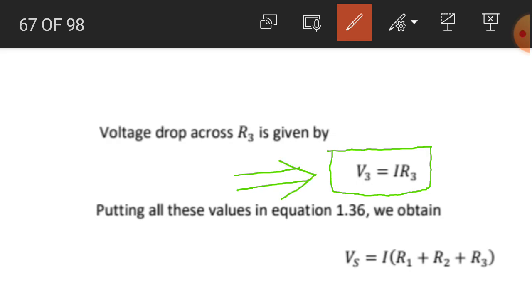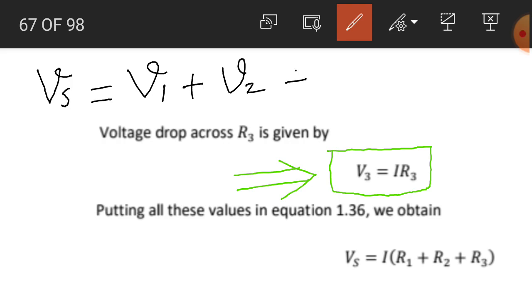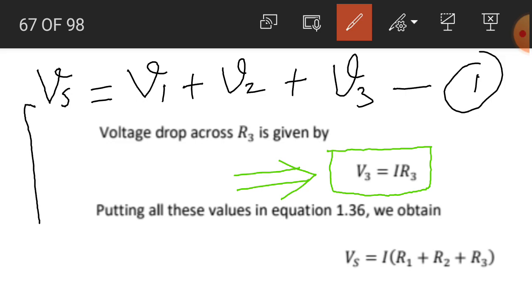So we put the values of V1, V2 and V3 in equation number 1. What is equation number 1? Let me write down equation number 1 over here. Vs, which is the voltage rise in the loop, is equal to V1 plus V2 plus V3. This is equation number 1. So we put the values of V1, V2 and V3 in equation number 1.